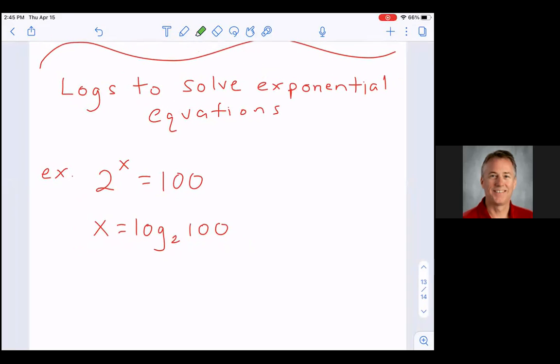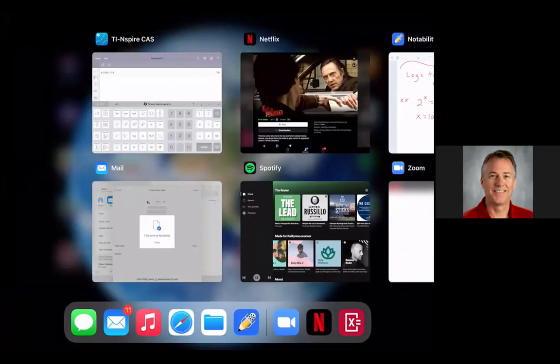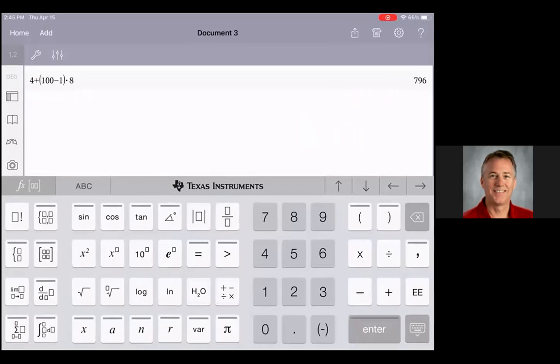So I'm going to go to my calculator. All right, so we're going to go to our calculator and I'm going to go to log base 2 of 100.